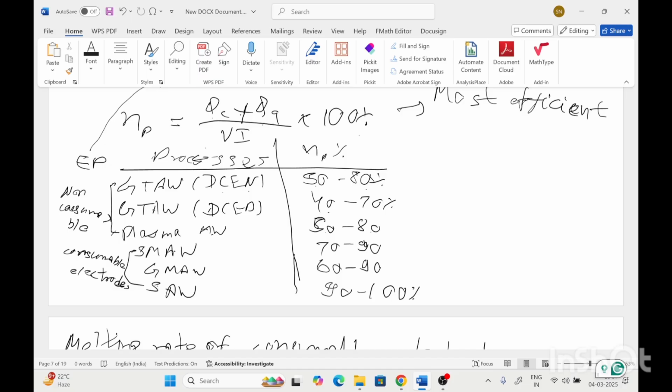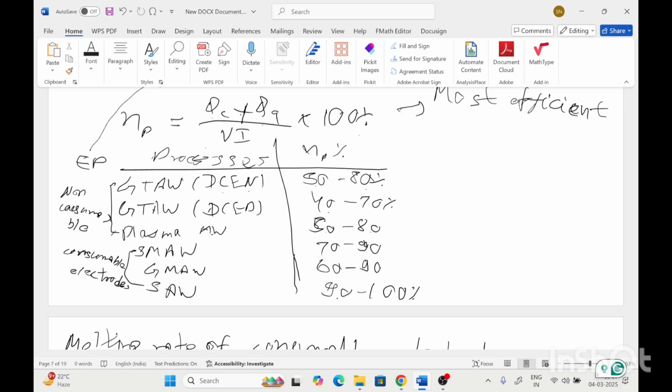Meaning shielded metal arc welding, gas metal arc welding, and submerged arc welding. So all three welding processes have higher heat efficiency as compared to the non-consumable welding processes.